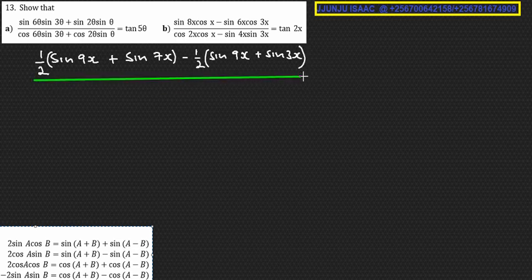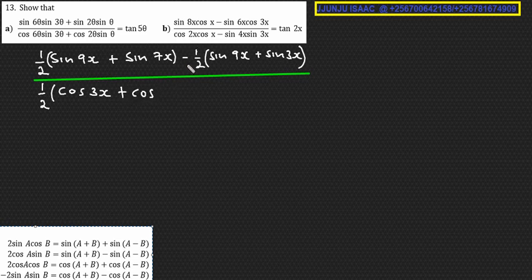So over, now cos we shall add. So this is going to be also a half. Then we get cos by adding them first, which is 3x, then plus cos when we subtract them, which is x. Here we have a minus, then we have sine.